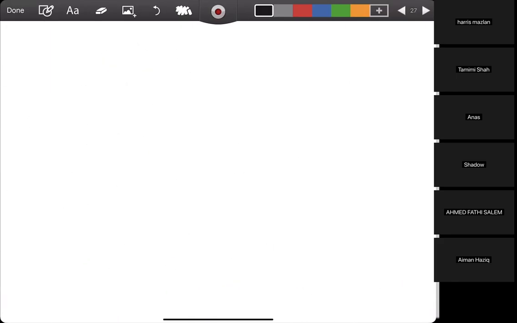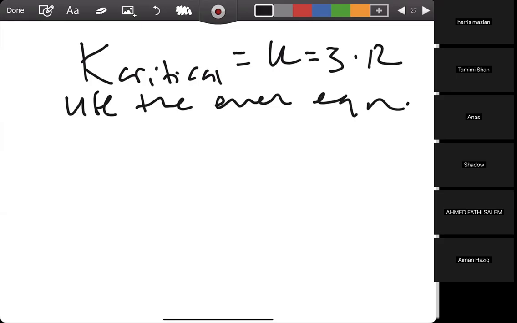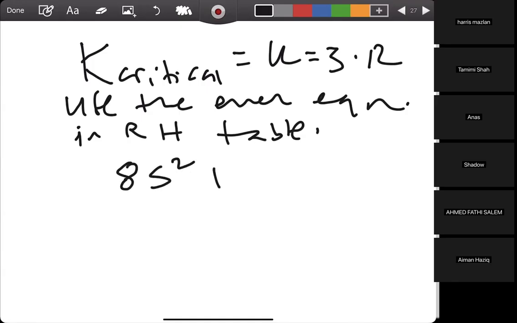So what is the K critical? When K is equal to 3.12, okay. Because we use the even equation in the Routh table, which is 8S squared plus 40K equal to 0.